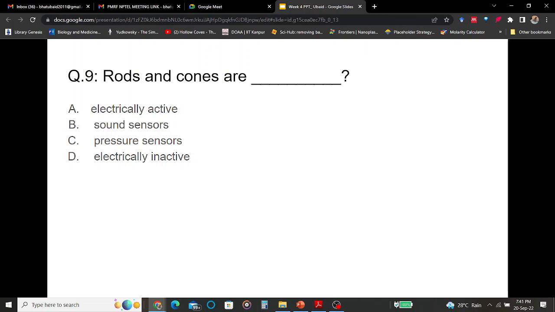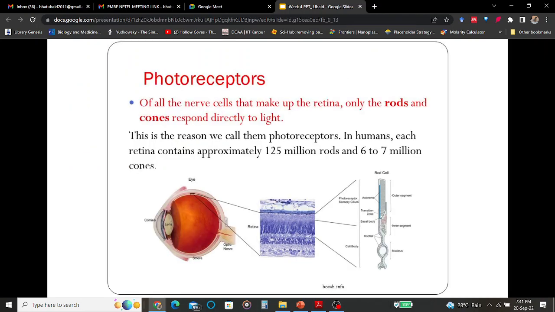Rods and cones are also called photoreceptors, and they are the nerve cells which make up the retina. There are also other cells like glial cells in the retina, but mainly the photosensitive cells are rods and cones.